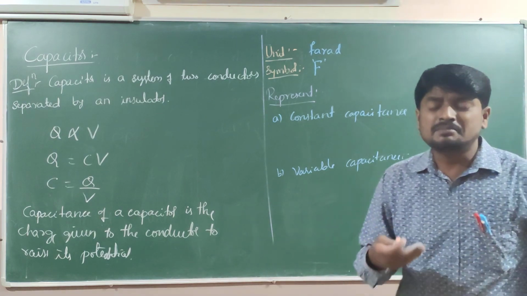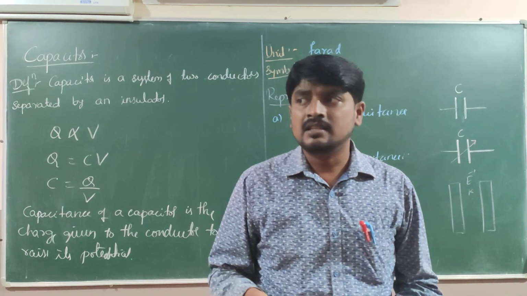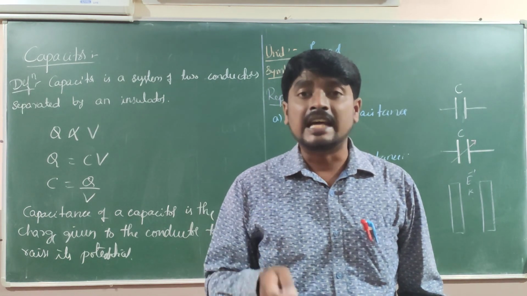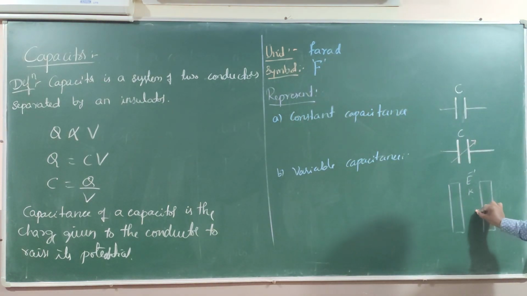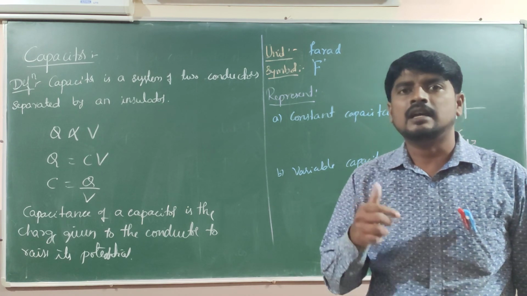The maximum electric field which the dielectric can withstand without any breaking is called the dielectric strength. I repeat, it is called the dielectric strength. So with this, I am completing the topic of capacitance of the conductor and the capacitor.